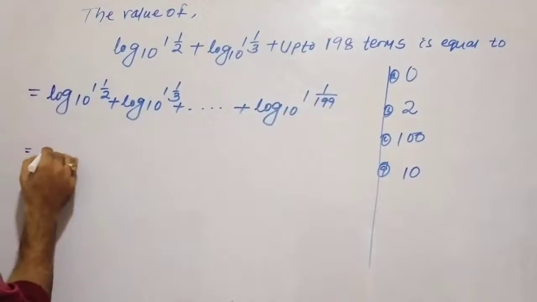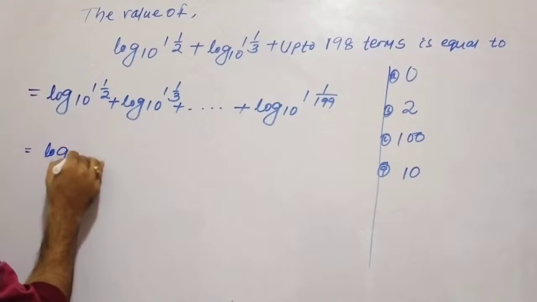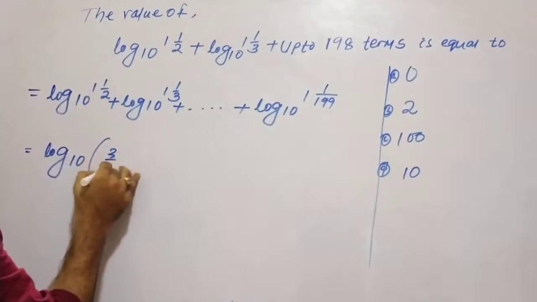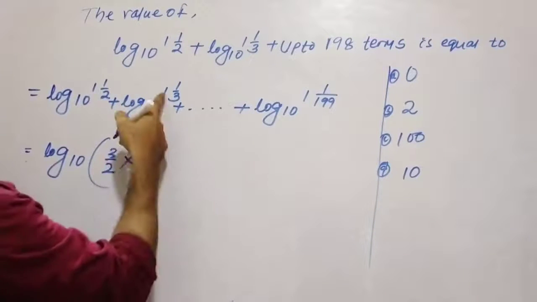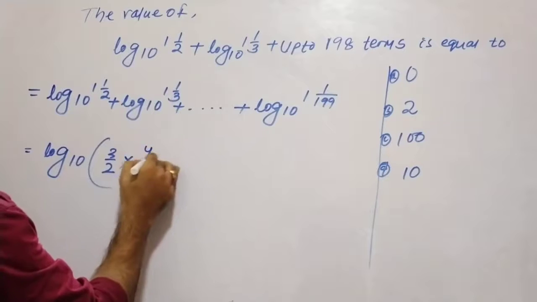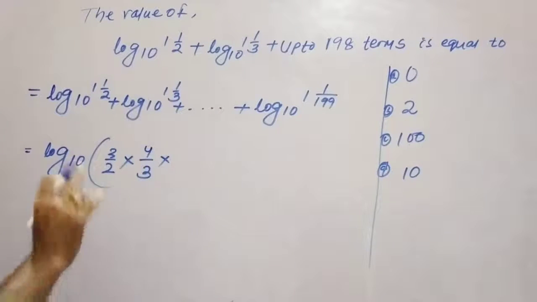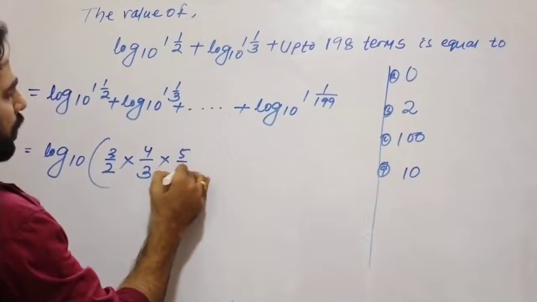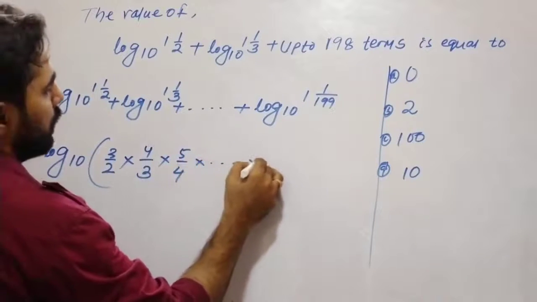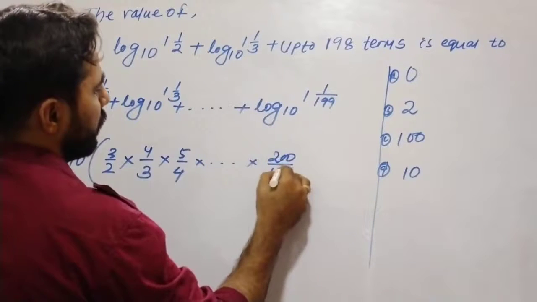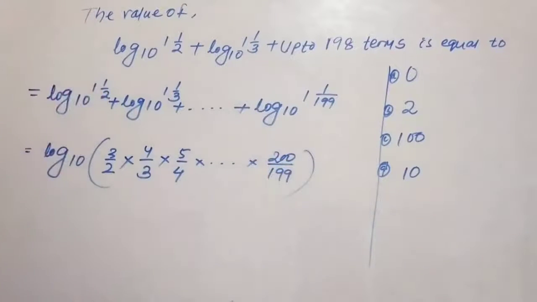So the value is log of 3 by 2 into 4 by 3 into 5 by 4 into dot dot dot into 200 divided by 199.